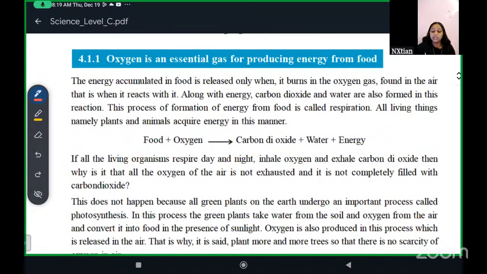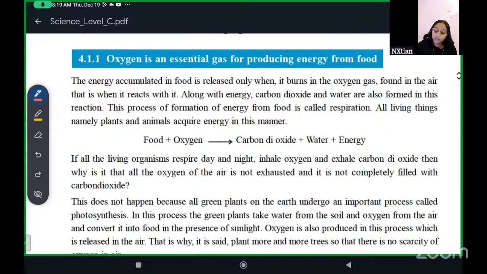The energy accumulated in food is released only when it burns in oxygen gas found in the air, that is, when it reacts with it. Food, along with energy, carbon dioxide, and water, are formed in this reaction. The process of formation of energy from food is called respiration.